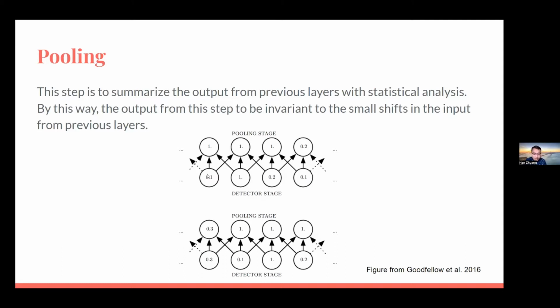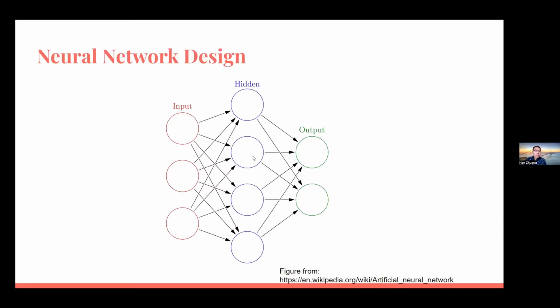So if you take a look at this plot, you can see that after the pooling stage, some minor differences are ignored by the pooling stage. So now I will introduce neural network design.